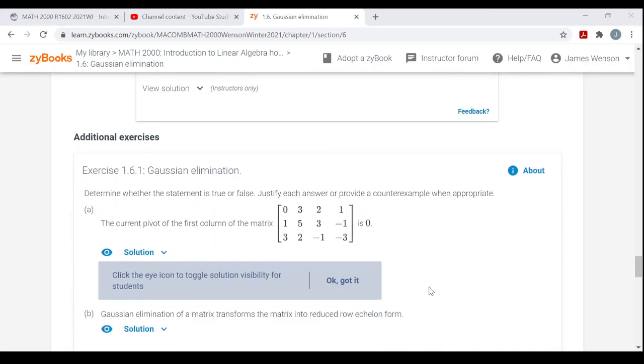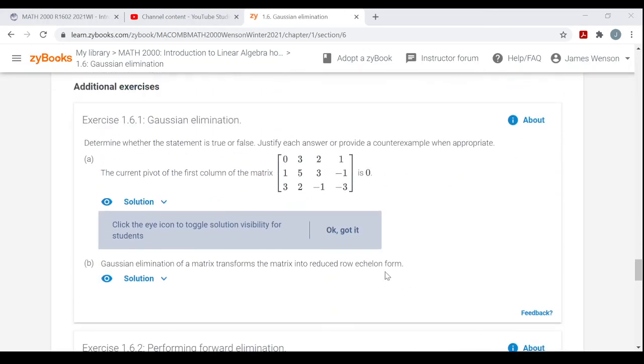And then you have your additional exercises, some of which are part of assignment 2, which you're going to be writing out and submitting to me whenever you're done. You can see the solutions here if you wish, but please try to do the problems before you look at the solutions. You're not going to learn anything if you just look at the solutions and copy them.